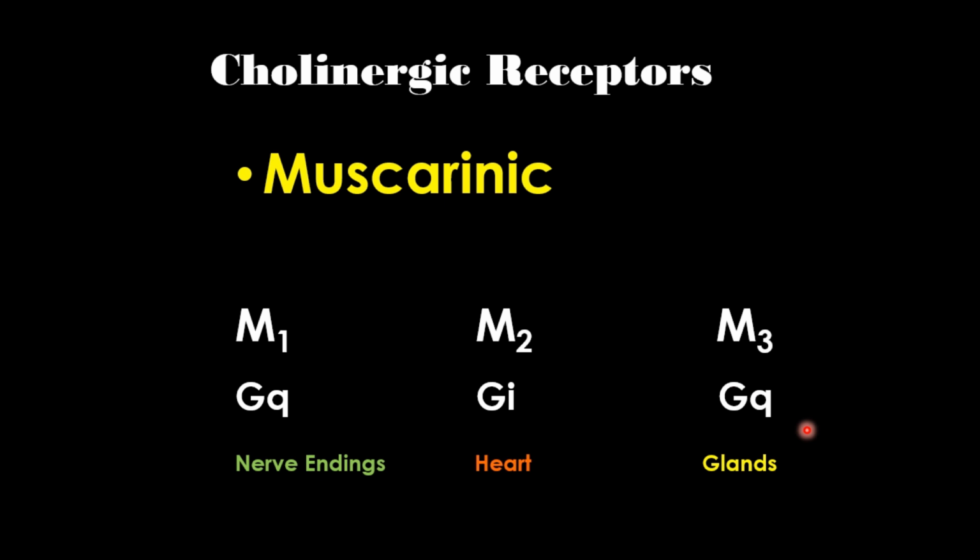So on one hand they cause bronchoconstriction because of mobilization of calcium, and they increase bronchial secretions. That is the M3 receptors, and that's why we use anticholinergic drugs which are M3 specific blockers, and they are a very valid choice for the treatment of bronchial asthma.